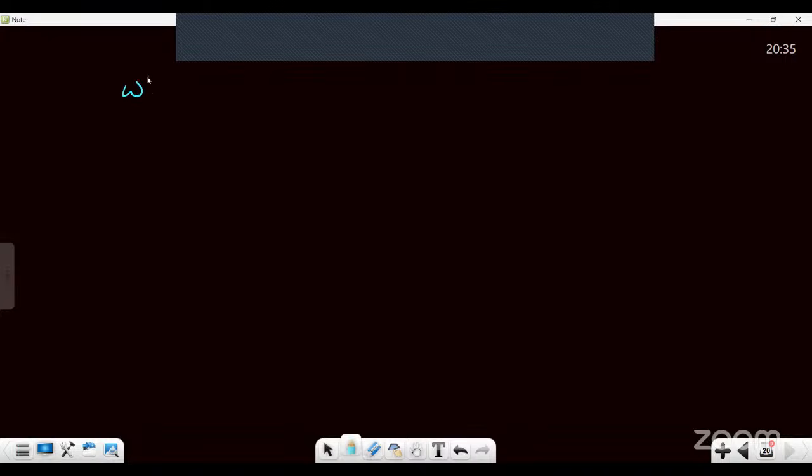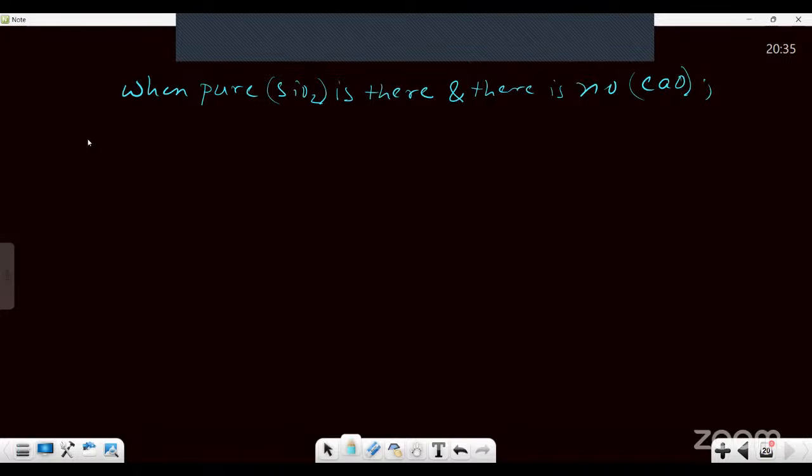When pure silica SiO2 is there and there is no calcium oxide, the activity of SiO2 is nearly equal to 1. That means it is very high.